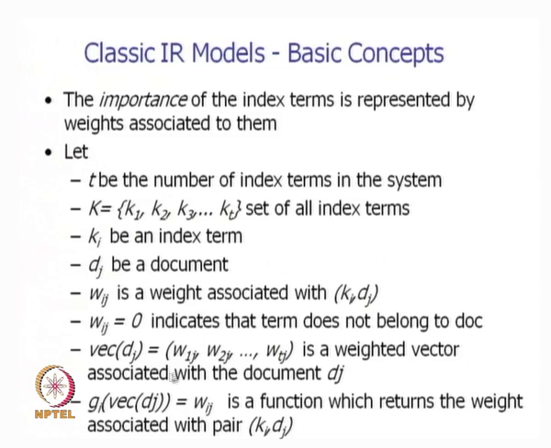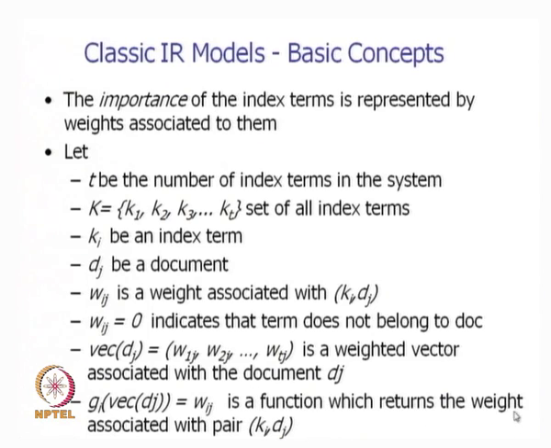Vec Dj is nothing but a vector of weight values of the keywords K1 to Kt with respect to the document Dj. So, W1j, W2j up to Wtj are the weights of the keywords K1 up to Kt in the document Dj. That is why this double lower suffix 1j, 2j and so on. Gi of vec Dj is equal to Wij.